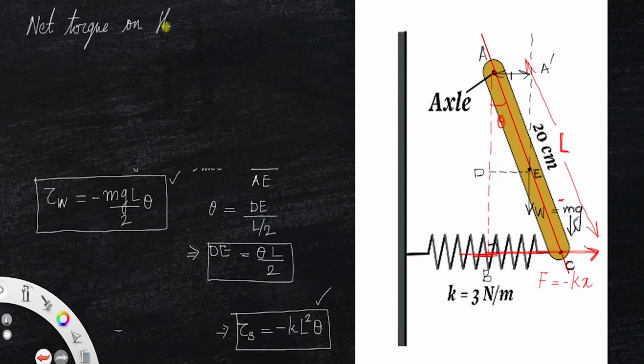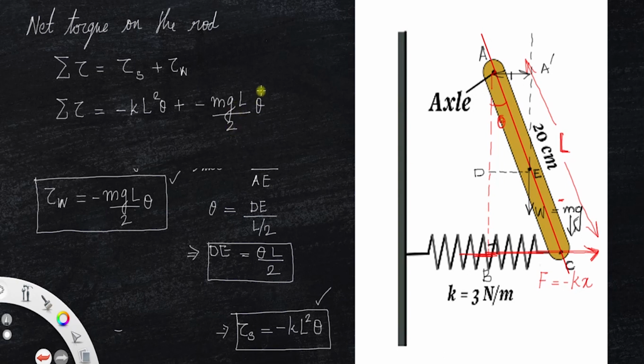You can call that sigma tau, the net torque, which will be the sum of these two torques, tau s plus tau w. So sigma tau is equal to tau s, which is minus k L square theta, plus minus mg L by 2 theta.